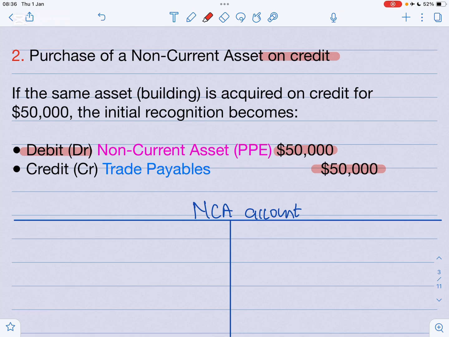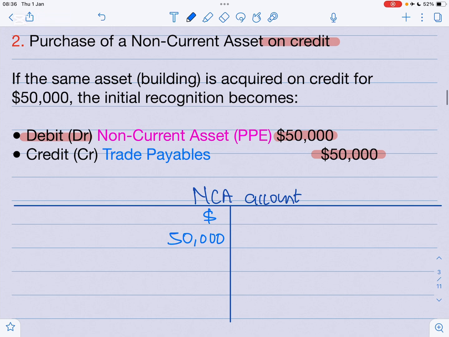Okay, and for every liability in the liability account, there must be a credit entry. So if we are to record this, we'll come to our non-current assets and record there that we have an addition to our non-current assets. So how much is this? $50,000.